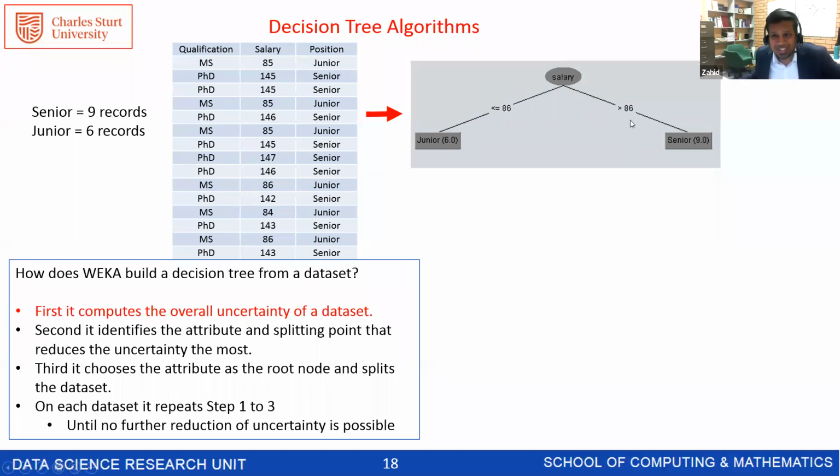how the decision tree works: it tests the attributes one by one. First, it tests the attribute qualification. In this case, it checks what the possible values are, MS and PhD. There are two possible values here.